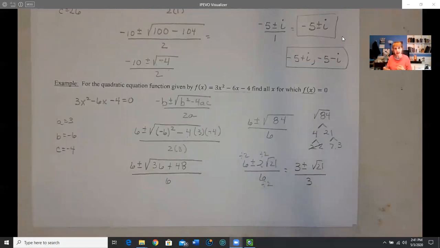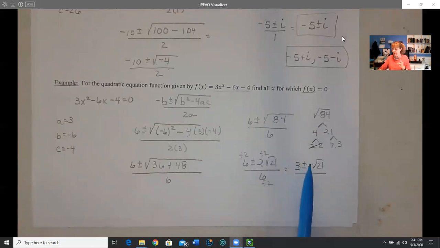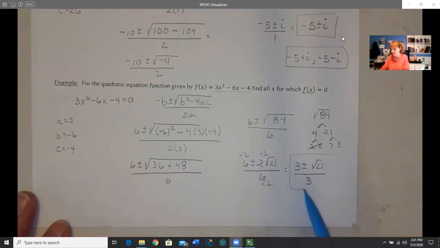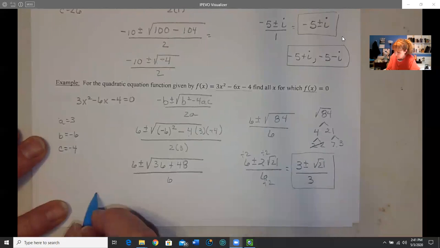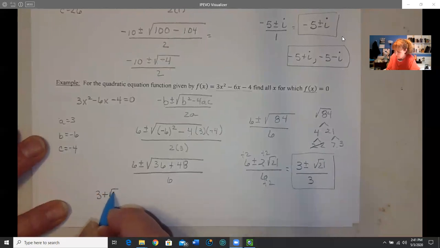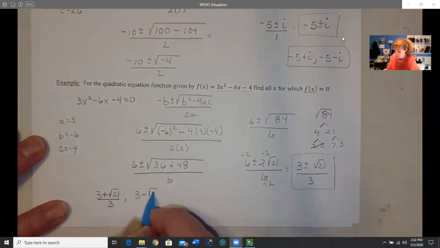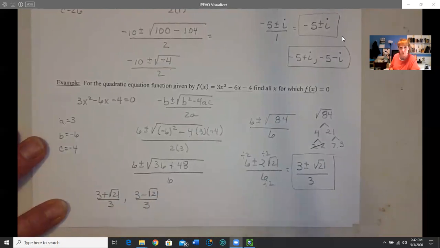Now, can you leave it like that? You cannot reduce those 3's because it has to go into everything in order for you to reduce them. So right now, you can't just make that a 1. That 3 needs to stay there. But there are some options as to how to write that. What are some different ways of writing that? You could go 3 plus the square root of 21 over 3, 3 minus the square root of 21 over 3. That's one way of writing those, is to separate them out.